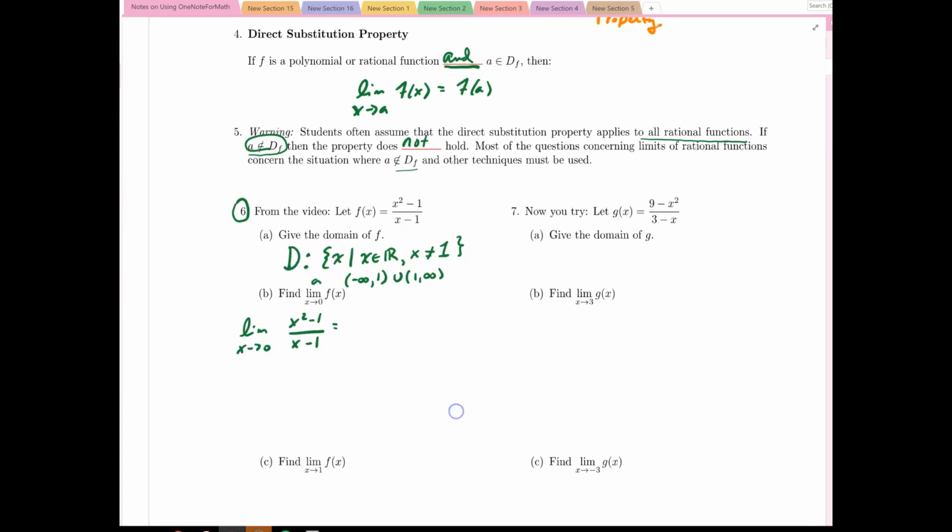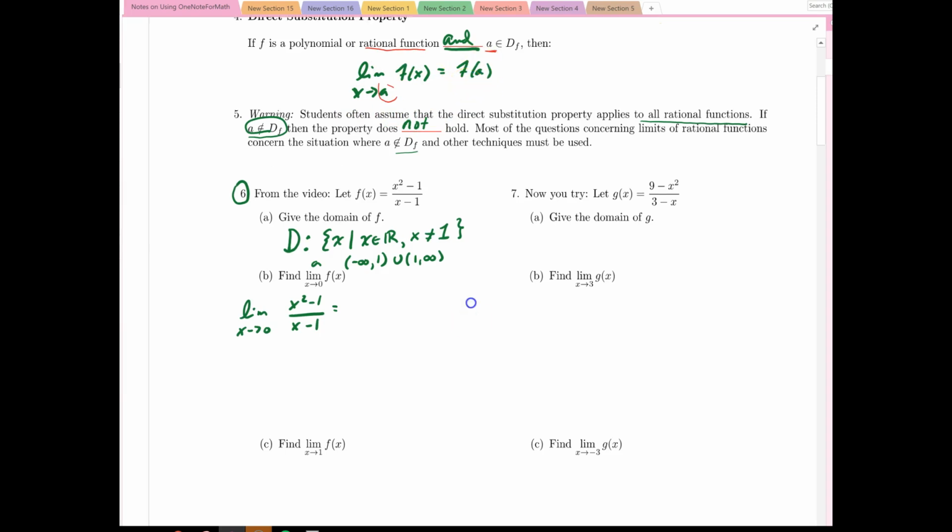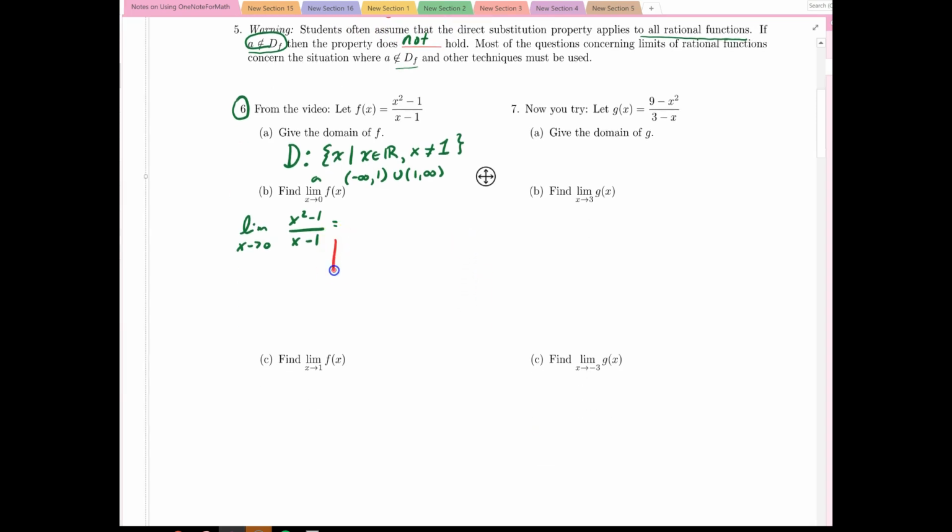The direct substitution property says if we're dealing with a polynomial or a rational function and the limiting value, this is a, we call that the limiting value, is in the domain of the function, then if you're trying to evaluate the limit, all you have to do is evaluate the function at that point. So this step here, I'm about to apply it, is by the direct substitution property, by DSP. This is just equal to 0 squared minus 1 all over 0 minus 1.